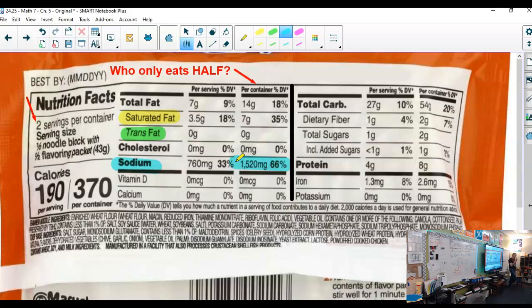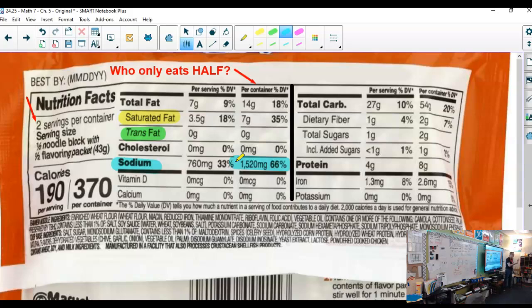So if I'm hungry and I eat 2 packets, what percent of my daily sodium am I at now? 3,040. If we think percent, I think 100, 120 plus another 6 and 6, 132. And that's only the ramen noodles.